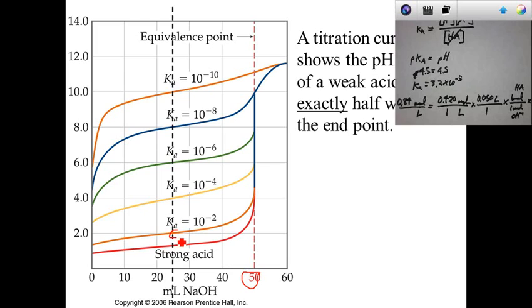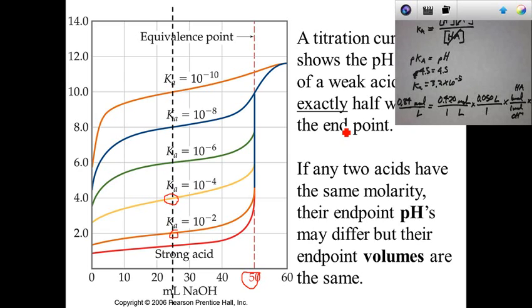Halfway to the end point, the pH is 2, the pKa is 2, the Ka is 10 to the minus 2. Halfway to the end point, the pH is 4, the pKa is 4, the Ka is 10 to the minus 4. Notice that being a weaker acid means the pH is a bigger value as you approach the end point.